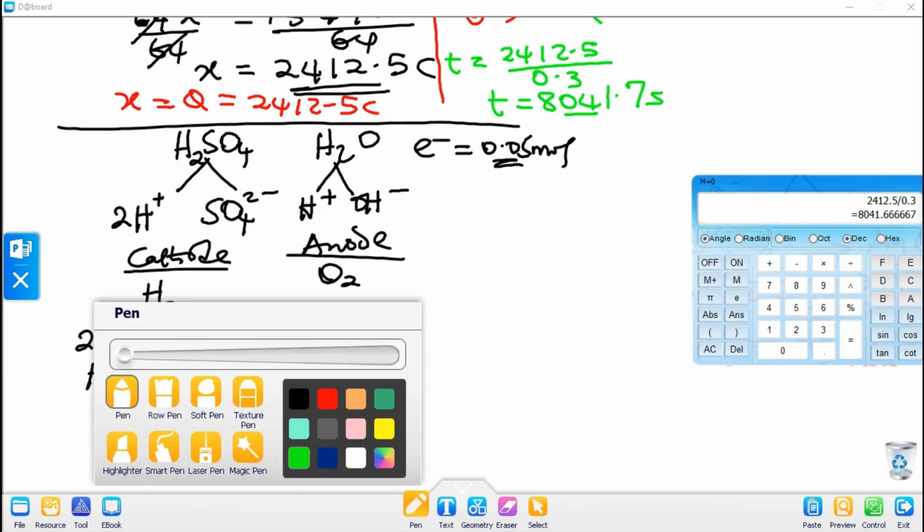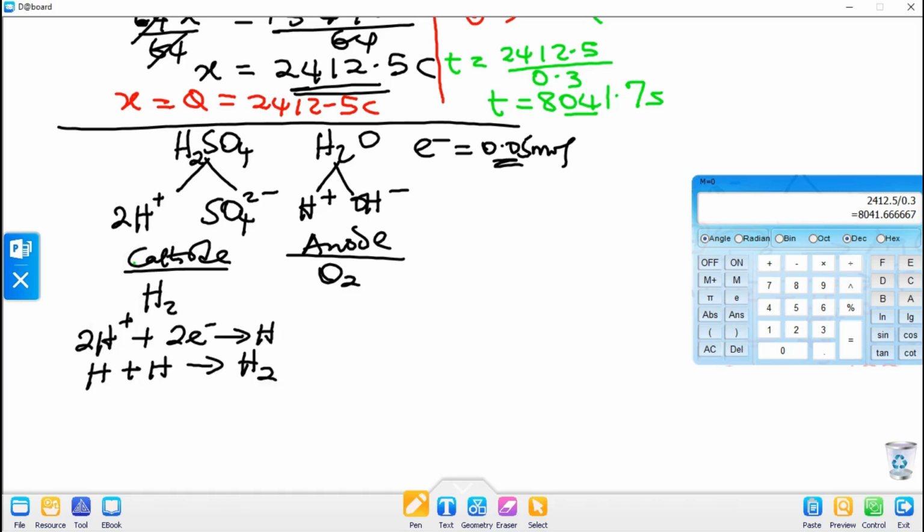So for hydrogen here, we can say that 2 Faradays, or 2 moles of electrons, has given us 1 mole of hydrogen gas.